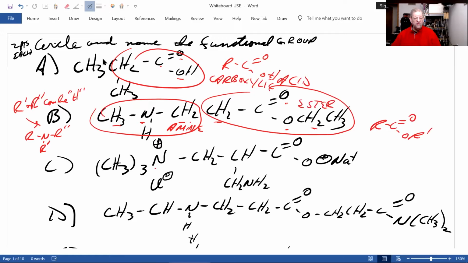Nitrogen here with 3 R groups, and 1 carbon: aniline. And what do we have here? This is a quaternary ammonium salt.